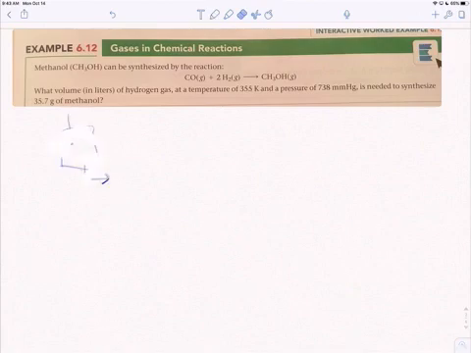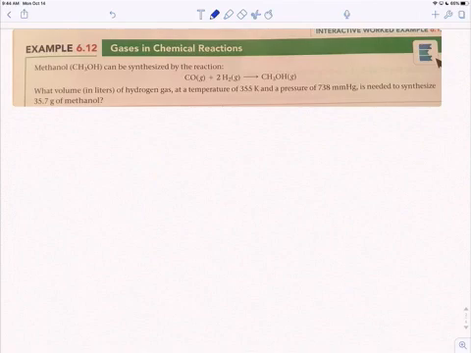Anyways, the idea is you're making stuff in a gas chamber. So we have carbon monoxide plus 2 hydrogens makes methanol. What volume in liters of hydrogen gas at a temperature of 355 Kelvin and a pressure of 738 millimeters of mercury is needed to synthesize 35.7 grams of methanol?